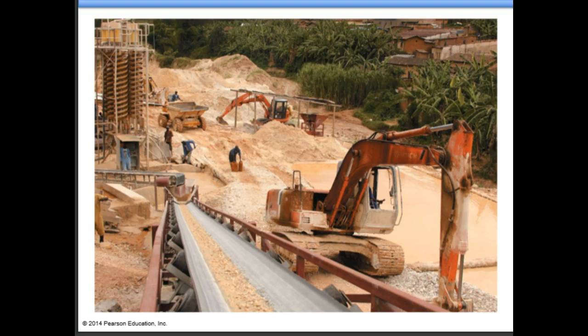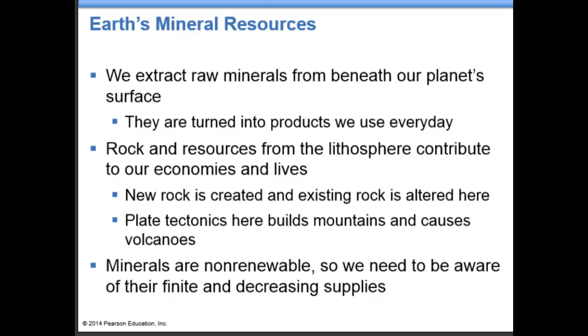Please make sure that you read the central case study found on page 634 to the top of page 635. Coltan provides just one example of how we extract raw materials from beneath our planet's surface and turn them into products we use in our everyday lives.